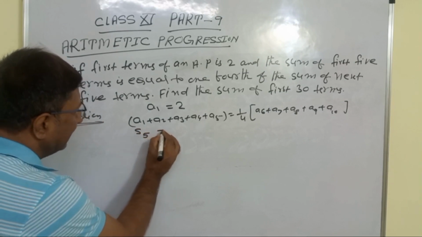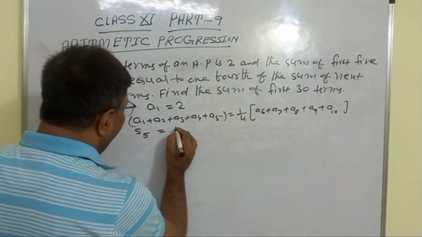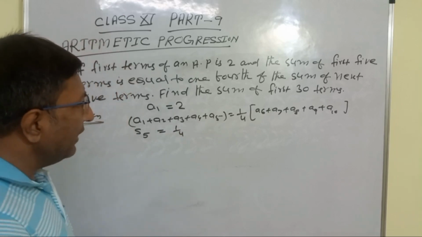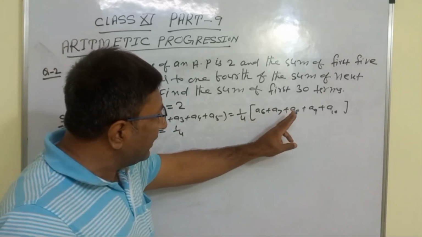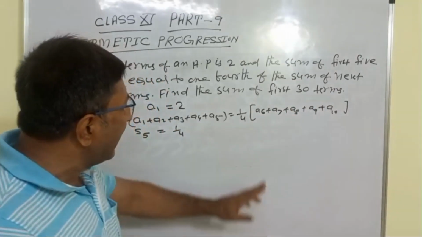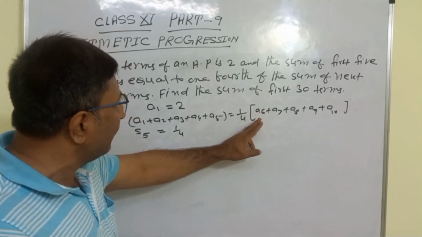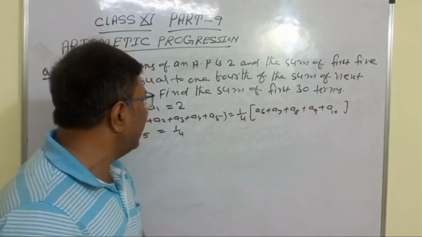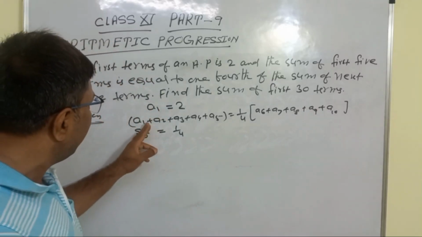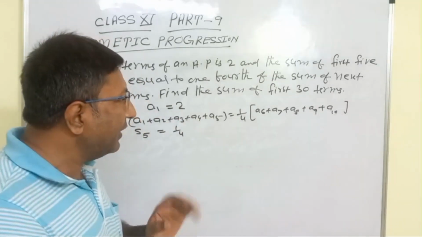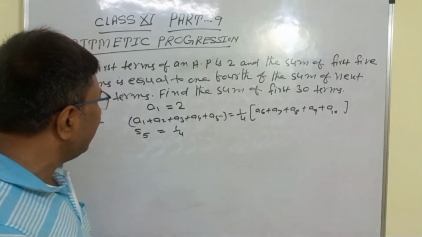And this is equal to 1/4 of A6, A7, A8, A9, A10. So when we add here, you see A6, A7, A8, A9, A10, and here A1, A2, A3, A4 and A5. Okay. So you can write here what?